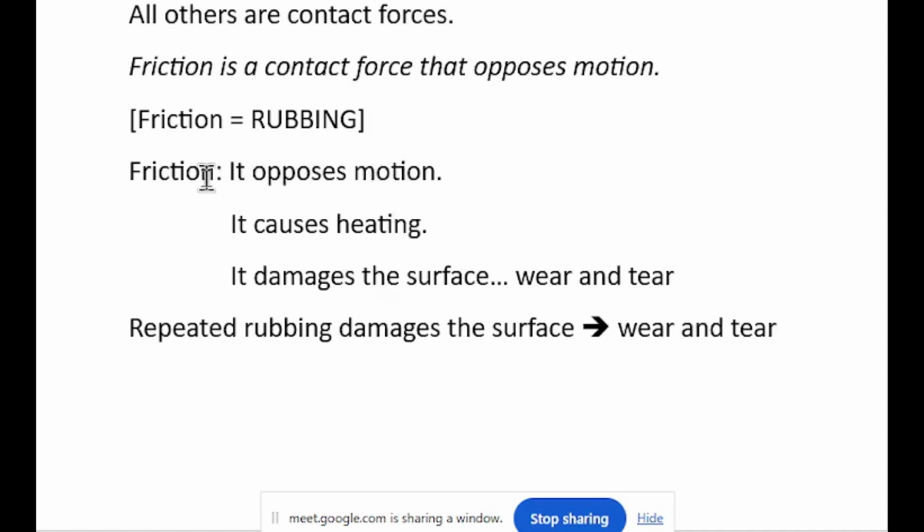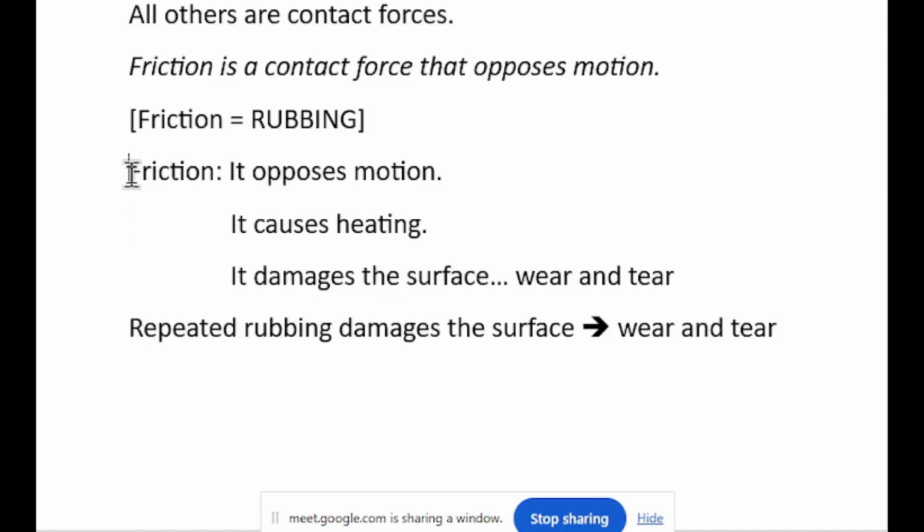Friction is a force. Friction, that is rubbing, repeated rubbing, stopping the motion, heating effect, the thing will become hot, and damaging the surface by repeated rubbing, called wear and tear. These are the effects of friction.